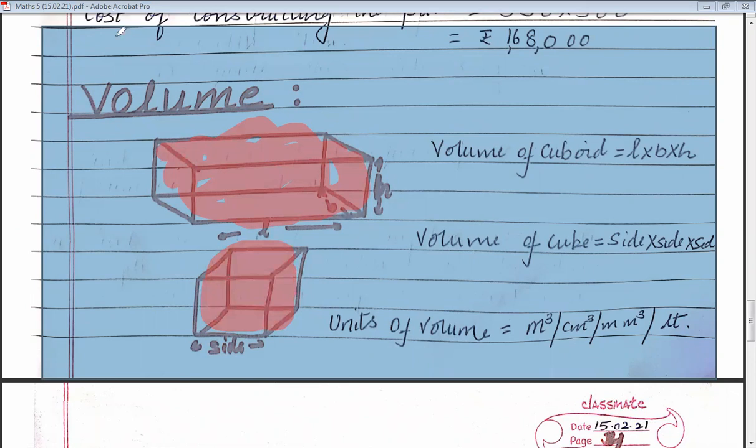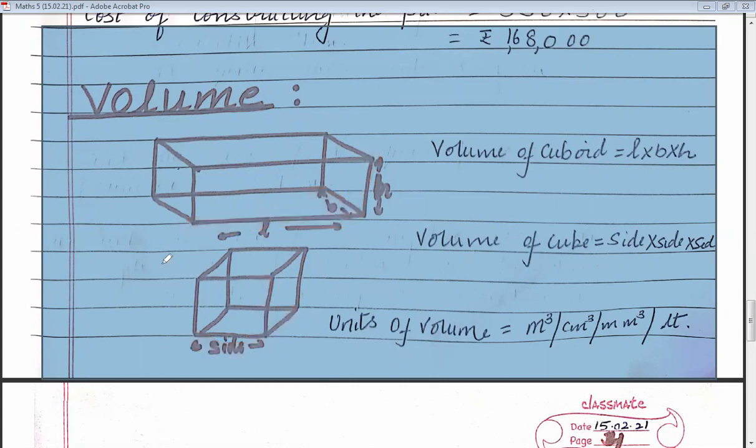So now children, if we want to find the volume of a cuboid, that will be length multiplied by breadth multiplied by its height. And what will be the volume of a cube? Side multiplied by side multiplied by side, because all the faces, all the sides are equal in a cube. I repeat one more time.